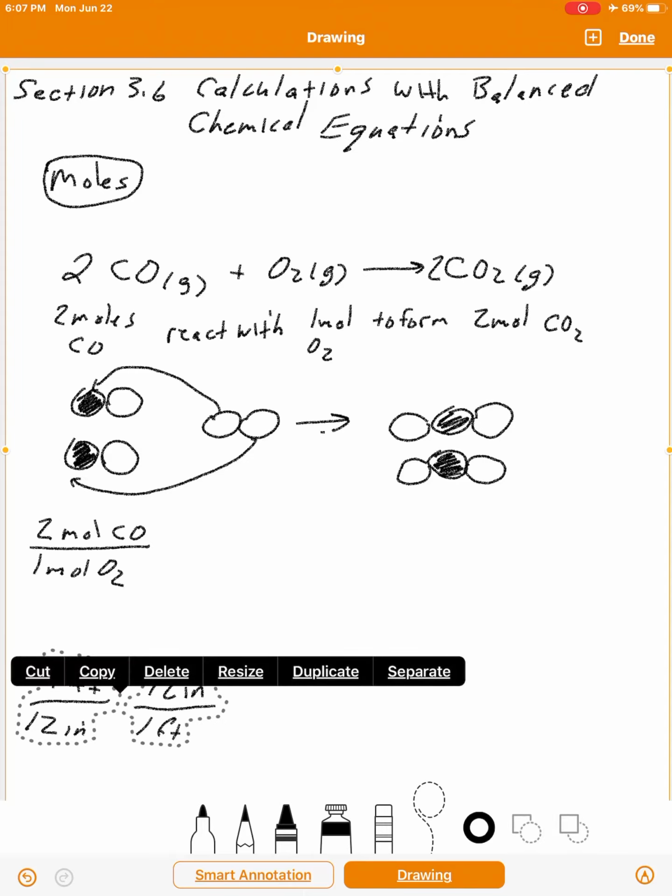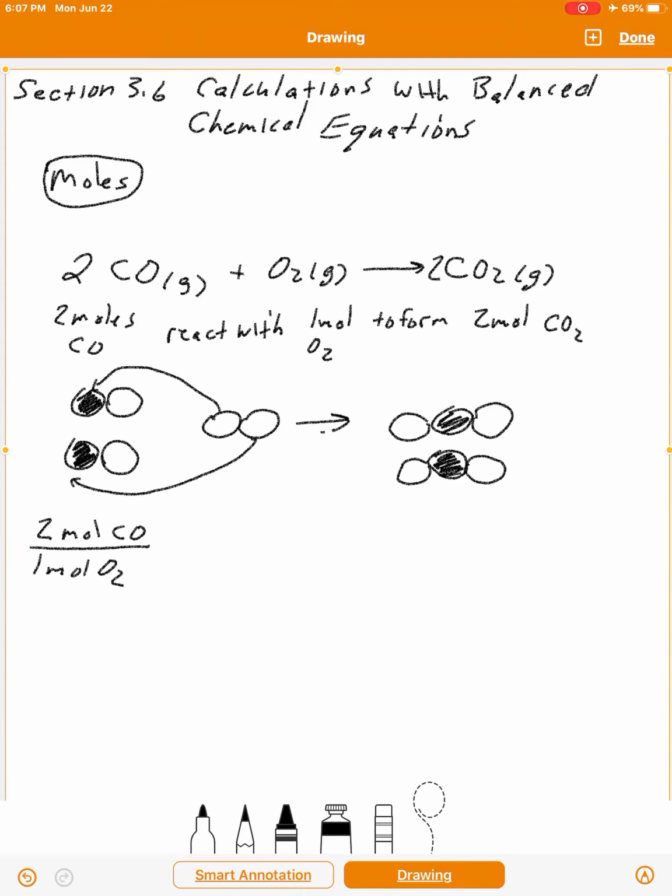We're going to do the same thing with the moles of substances in the balanced equation. So let's write, this is called a stoichiometric ratio. Let's write a ratio for oxygen and carbon dioxide in this particular chemical equation. Oxygen and carbon dioxide.